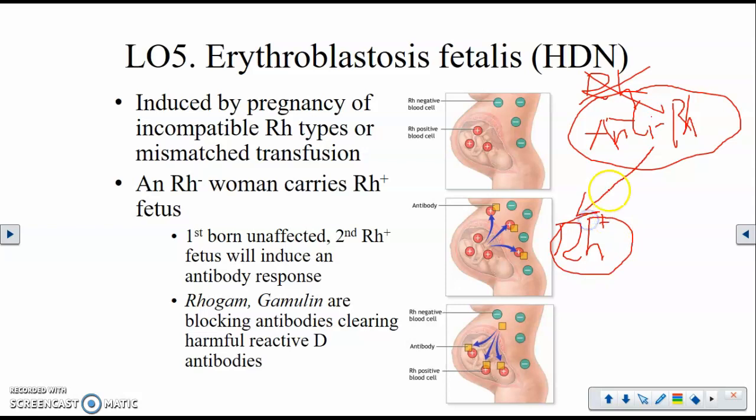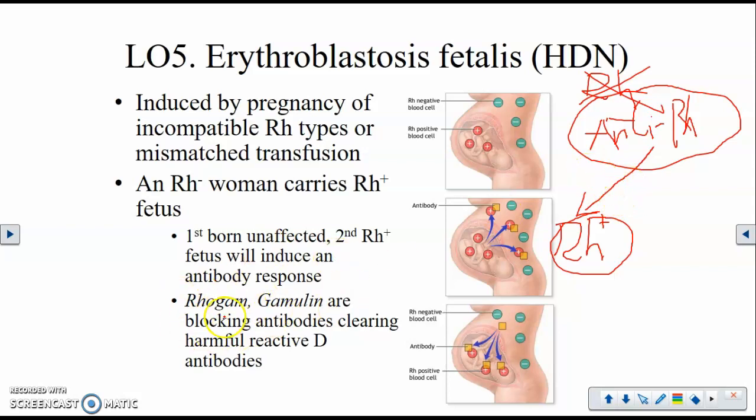So if your second baby has the D antigen or the Rh factor, those antibodies can cross the placenta and agglutinate the fetus, and then of course the fetus has distress, and then you have preterm birth, all of that stuff, okay? Or in some cases, spontaneous abortion or miscarriage. That's what they actually call miscarriages.